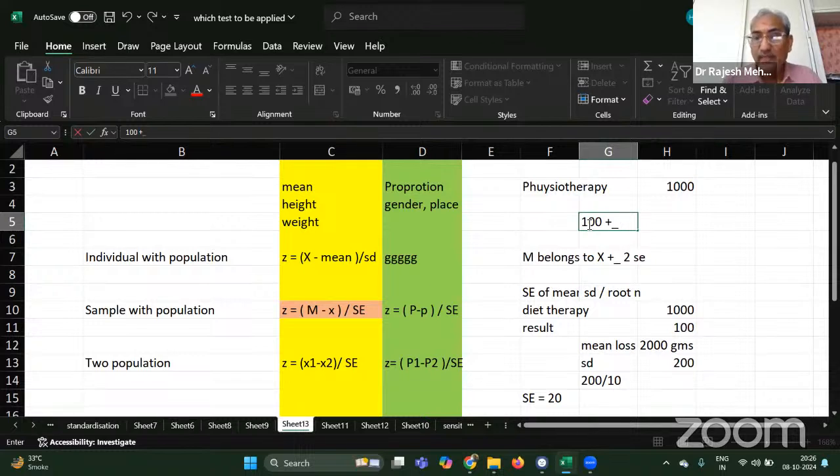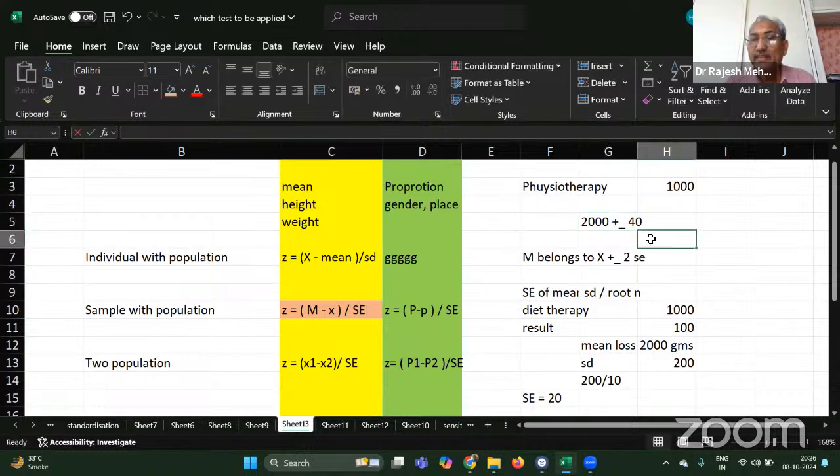That means 2 standard errors, 20 into 2, so 40 is the plus minus. So we have mean loss of 2000 grams plus minus 40.